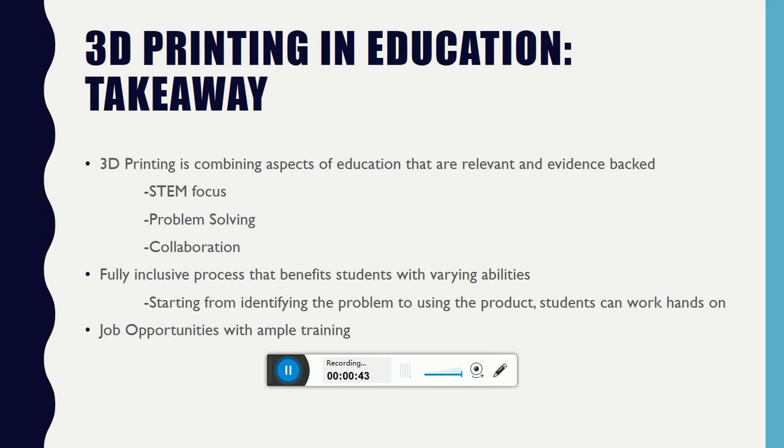Students are problem solving not just within the programming, where they are creating their model and then printing and seeing if anything needs to be adjusted, but they're able to look around in their own communities and find problems that need to be solved. Because of the low cost and the flexibility, children can take it upon themselves to fix these problems.